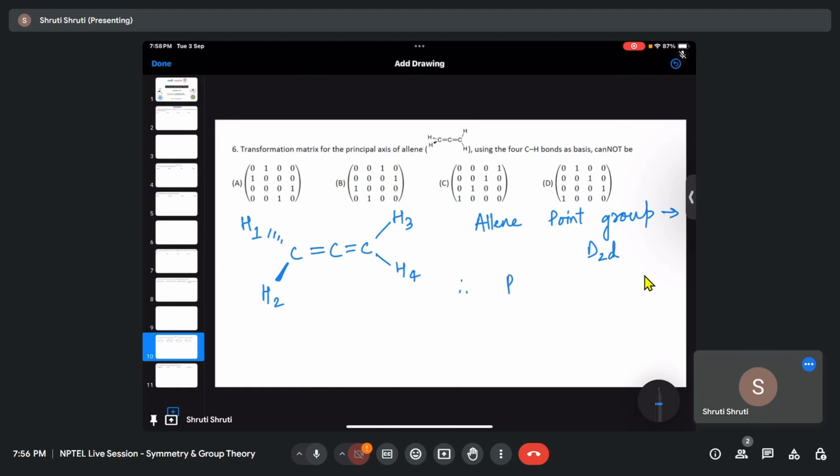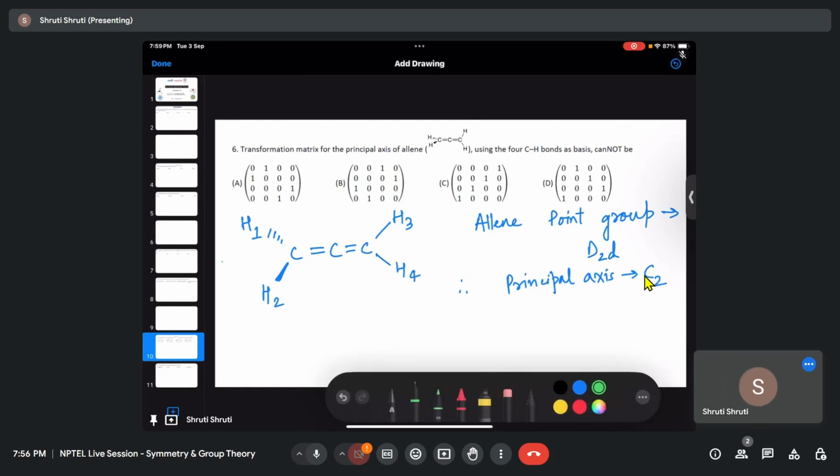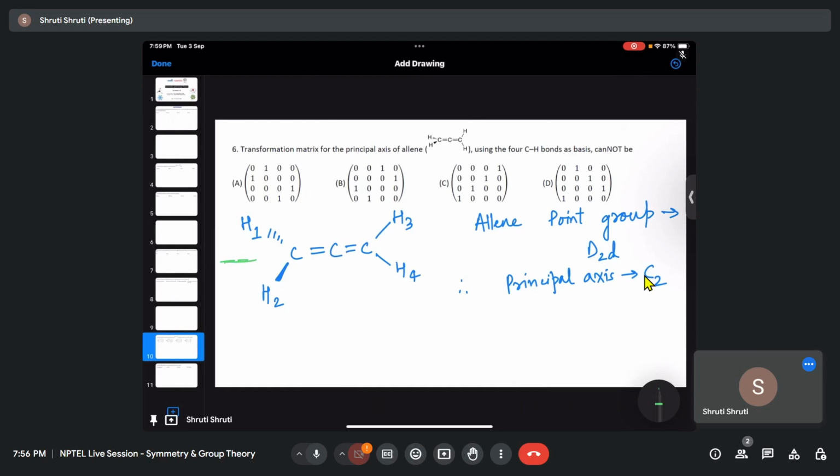Therefore the principal axis is C2. Now let us consider this C2.